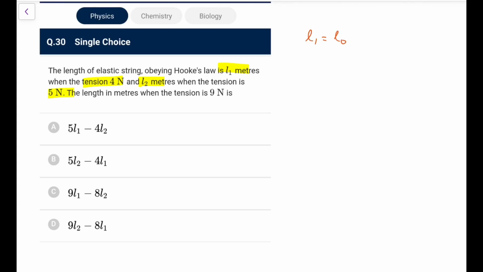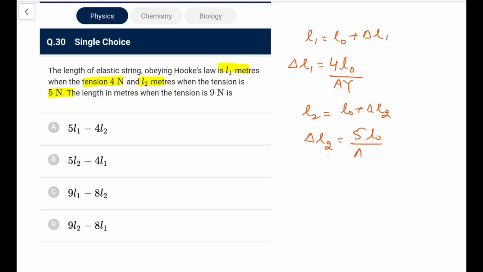L1 is L0 plus delta L1, where delta L1 you can write as FL upon AY, that is 4 L0 upon A into Y. Similarly, L2 you can write as L0 plus delta L2, where delta L2 you can write as 5 L0 upon AY. So this is how you can write this. Then L1 minus L0 you can write, as well as L2 minus L0. So this is the combination we are getting.